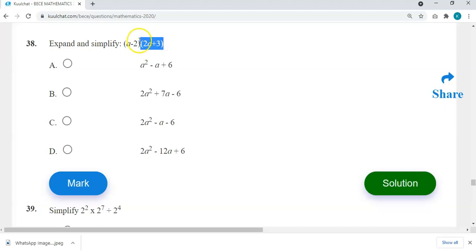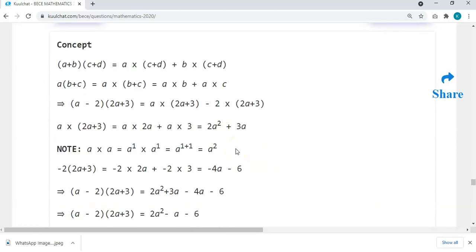Then when you are done, you simplify. So in this example, a will multiply this one, and when it is done, negative 2 will also multiply.